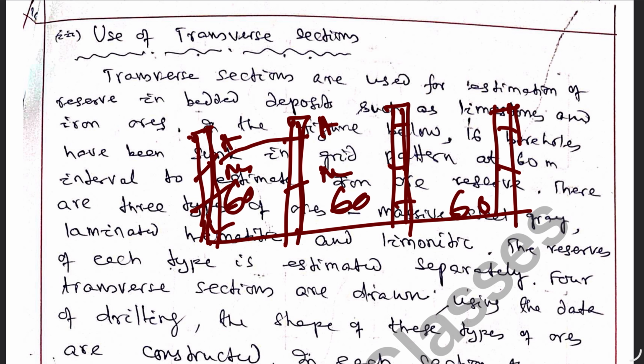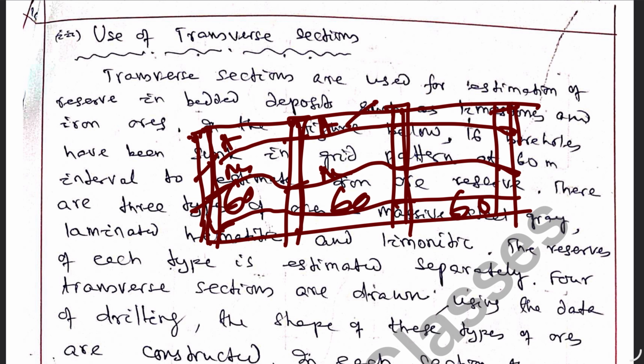So all highs are joined together. So this becomes high grade. If this is the ground surface, this becomes high grade, this becomes low grade, medium grade, this becomes low grade. So this is a transverse section.